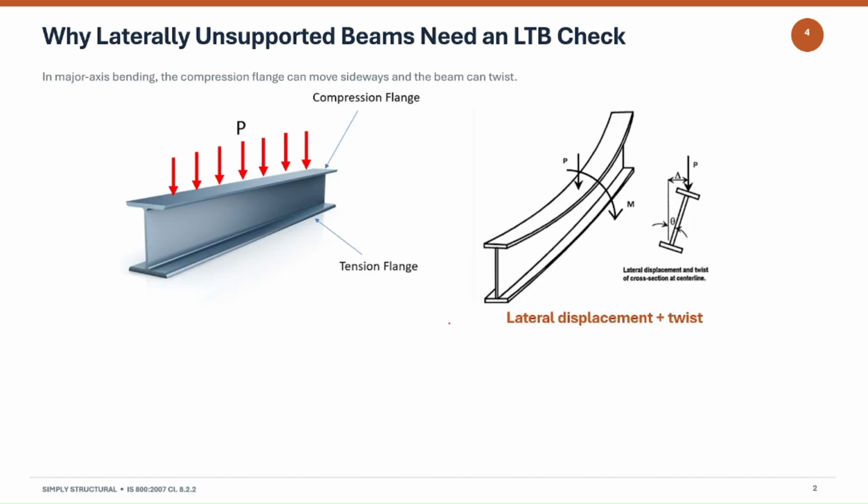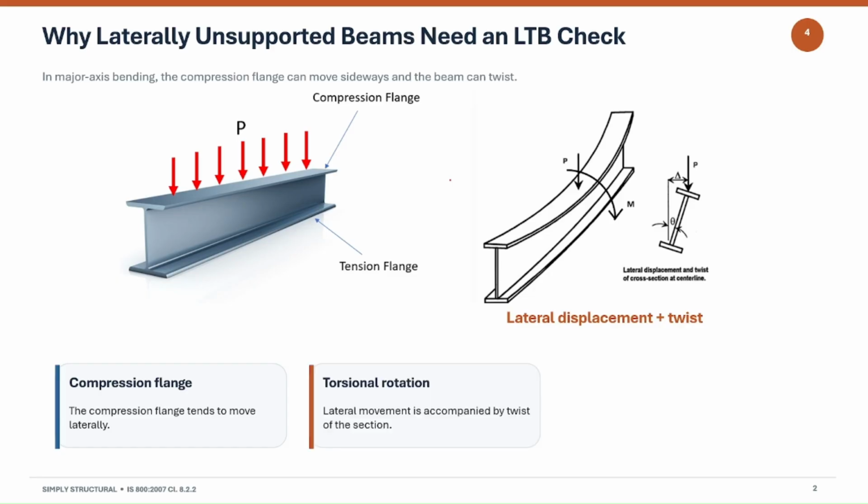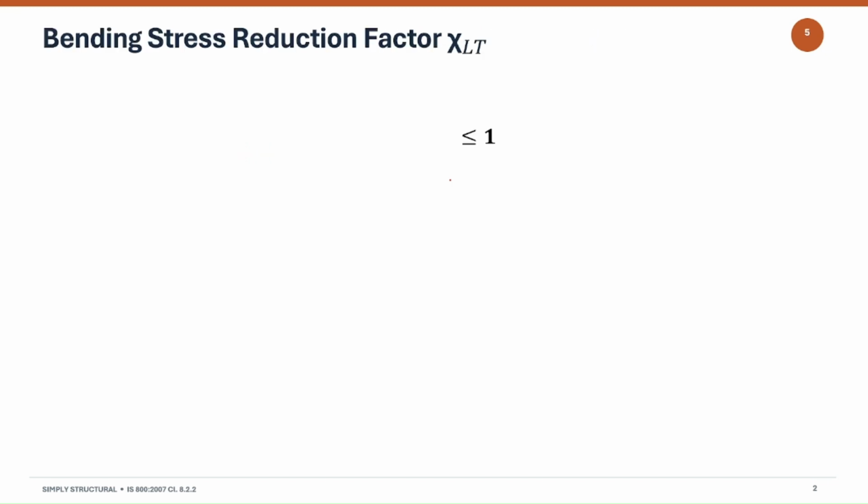As you already know what lateral torsional buckling is, just a quick recap: when the beam is subjected to a very high compressive load and is laterally unsupported, the beam will move laterally, accompanied by a twisting moment. This will cause lateral torsional buckling failure.